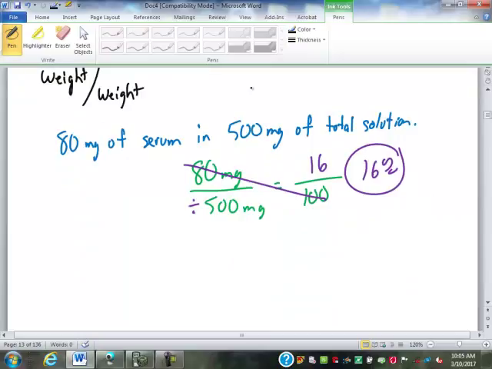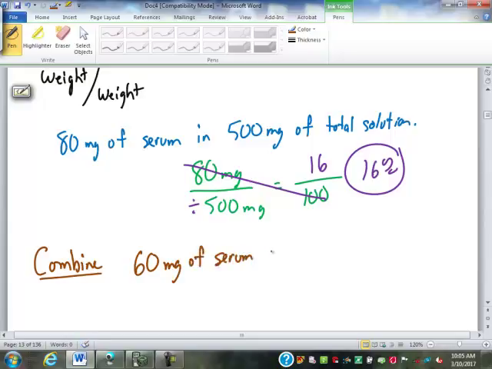Since this is a weight in weight concentration, we can say if we combine 60 milligrams of serum with 420 milligrams of saline, find that concentration.